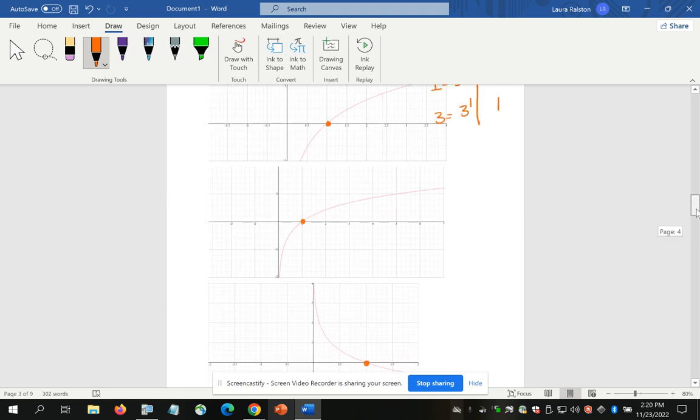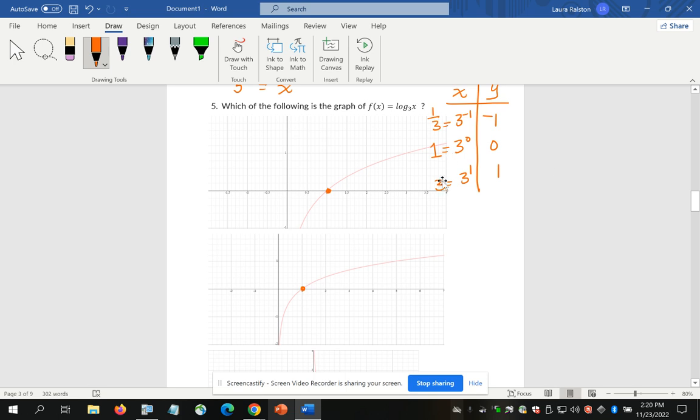I also then want to look for the ordered pair 3, 1. So let's see. 3, 1. That looks good. 3. Nope, that's 5. 1, 2, 3. I'm not at 1, so it can't be this one.